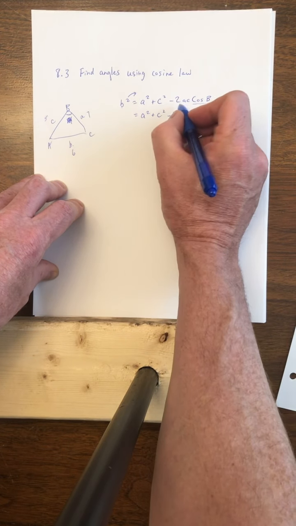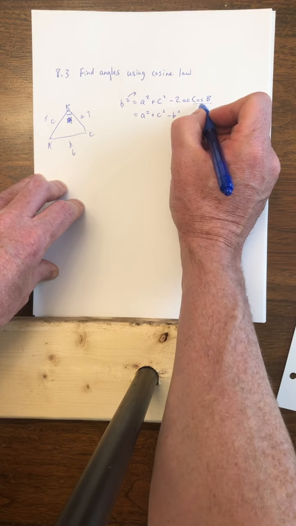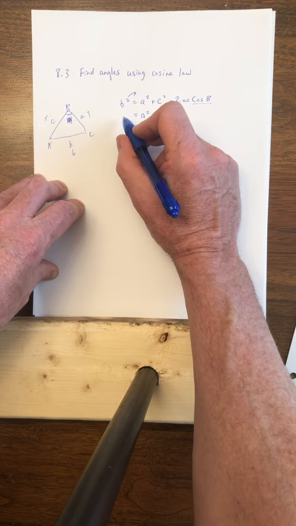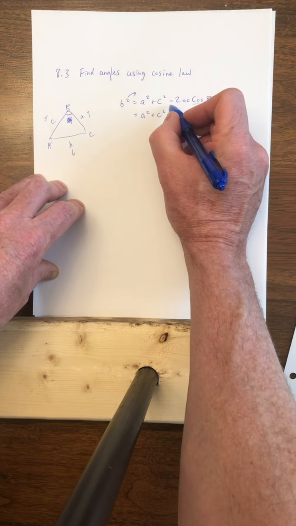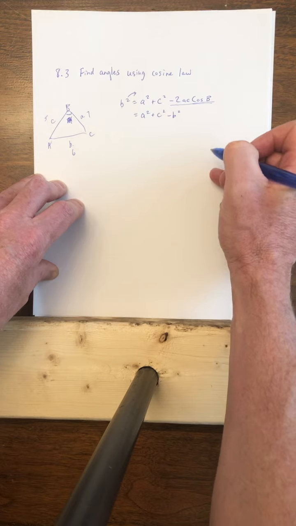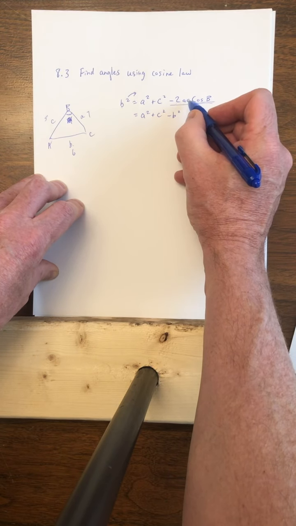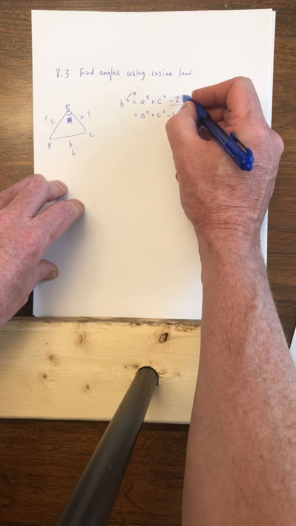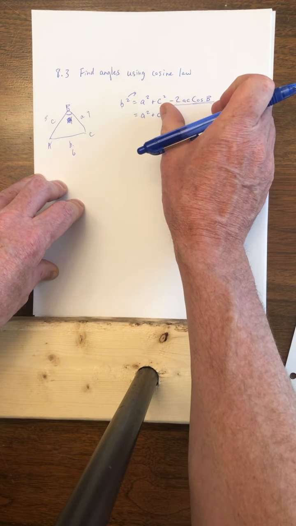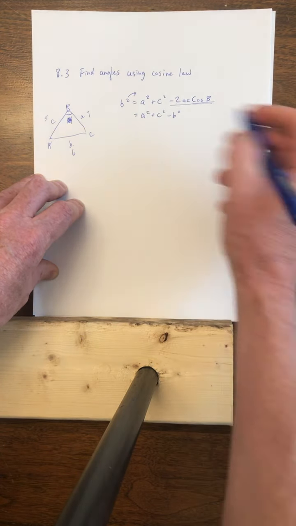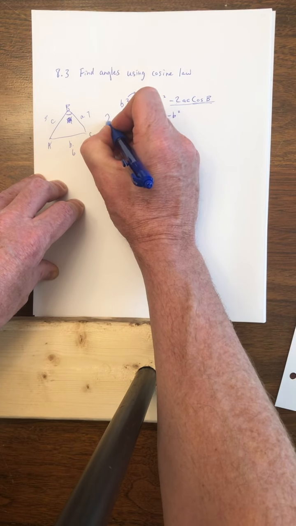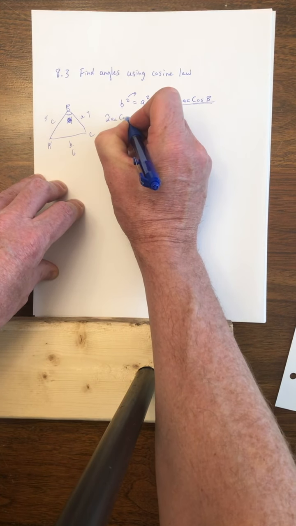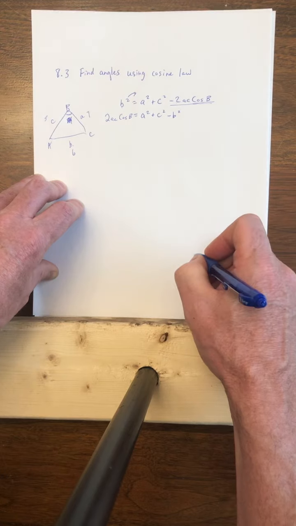And I can't just move this cosine B on its own, so I'm going to move this entire thing right here. This is a minus 2 times A times C times cosine B. As long as I'm not breaking up these multiplication bonds, if I move this whole thing to the other side, it becomes a positive 2AC cosine B.